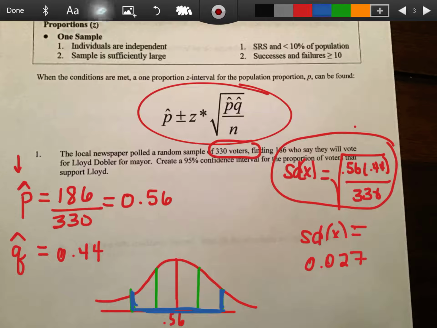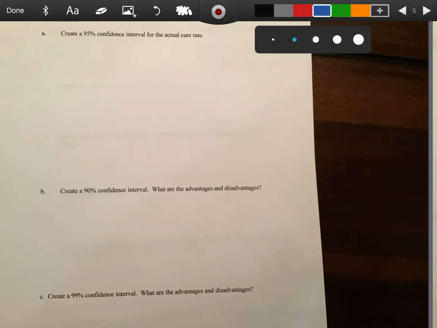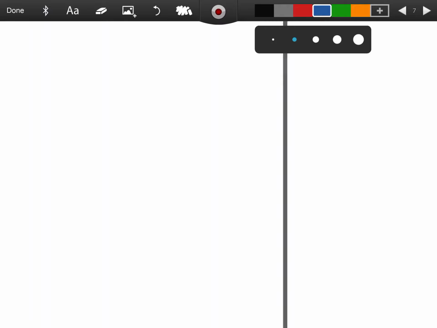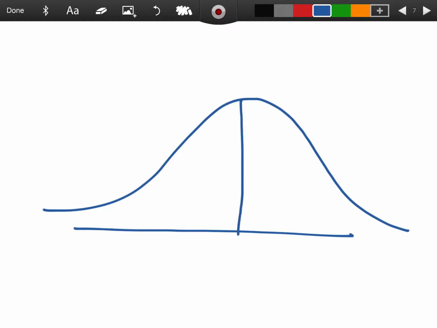Now, this one I'm going to do a couple different ways. I want you to look here for a second. I want you to take your 0.56, your 56% in your calculator, and add in 0.027. I'm going to scroll here for a second and make my curve a little bit bigger so we can analyze. So this guy right here was my 0.56.